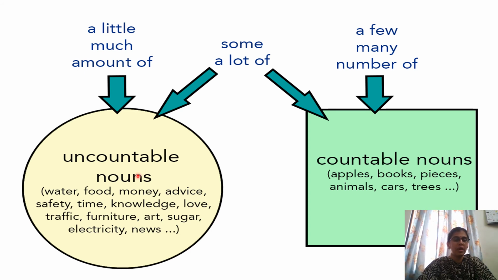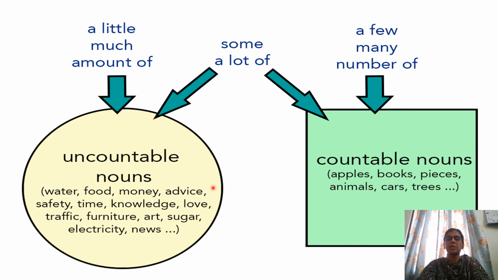In uncountable nouns, we have water, food, money, advice, safety, time, knowledge, love, traffic, furniture, art, sugar, electricity, news. These are all the nouns which cannot be counted. For countable nouns, apples, books, pieces, animals, cars, trees. These are the nouns which can be counted.